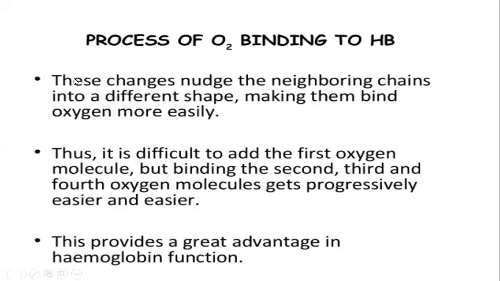But the moment one oxygen molecule enters the hemoglobin, it makes it easier for the next molecule to enter, and gradually even easier for the third and the fourth molecules to enter. So the changes in conformation of these bonds are what enable oxygenation to occur.